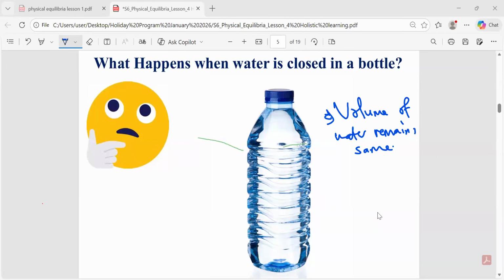Yes, Namakula. So for me, I think when water is closed in a bottle, it will not be able to evaporate as such because most times when water is in a bottle, it's added with some other gas.